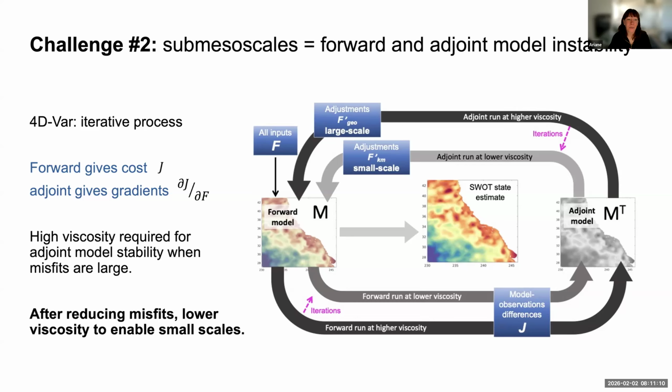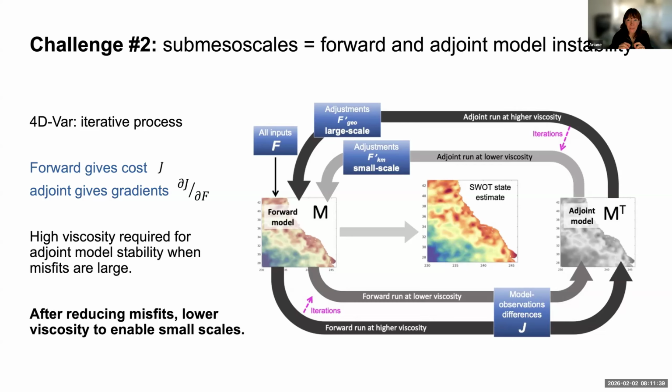So the way that we deal with that is that we increase the viscosity in both the forward and the adjoint, and that damps out the small scales, and it allows us to fit the large scales in our model. The large scales are usually the balanced motions, so we try to fit that first, and we run a few iterations at high viscosity.